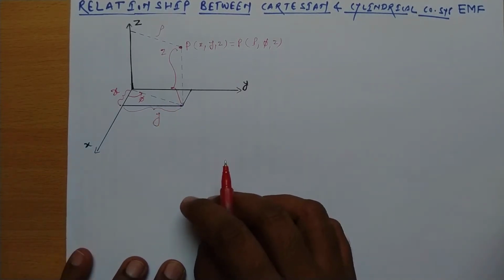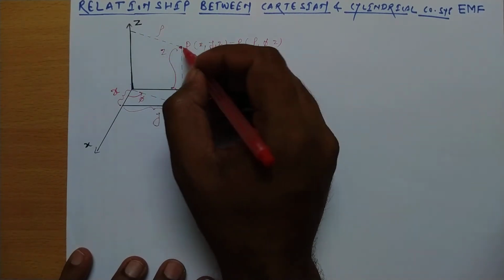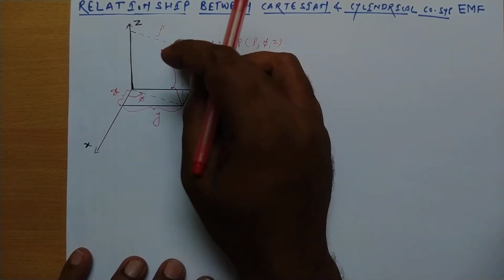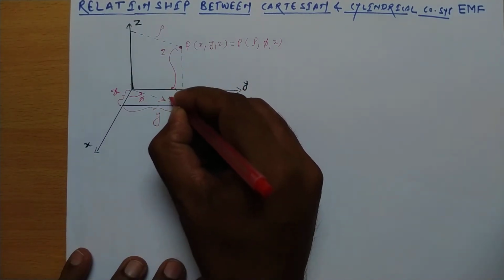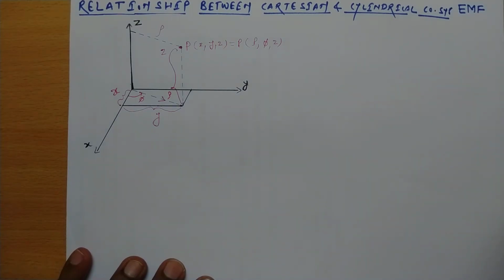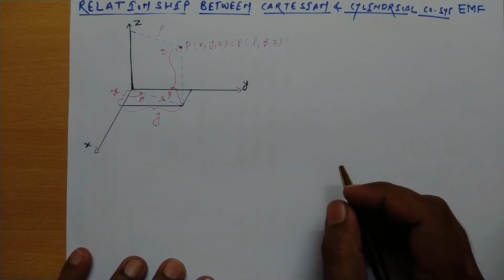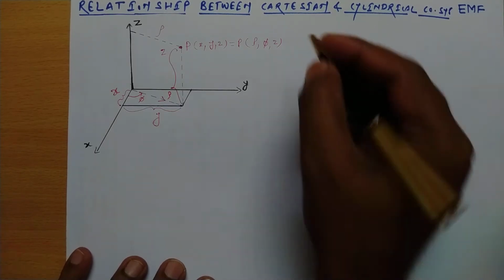This is the rho, the radius of the circular cylinder. So from here we can write the coordinates of the Cartesian system in respect of the cylindrical system.